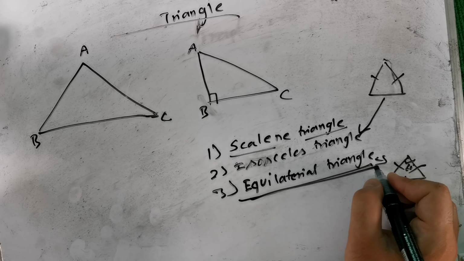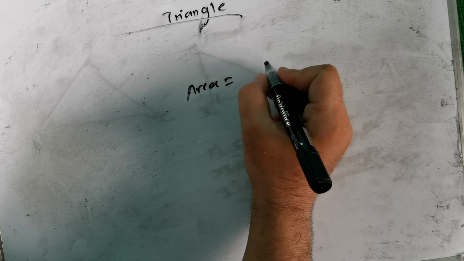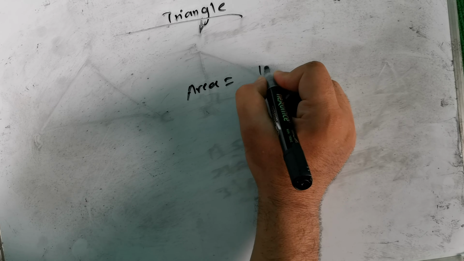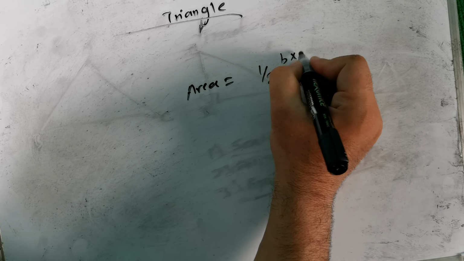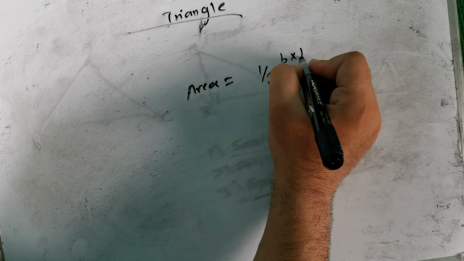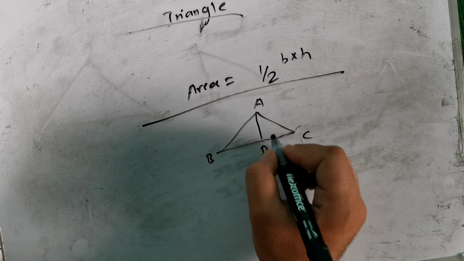The area of a triangle is 1 by 2 base into height. Like this is the triangle ABC, with D on BC.